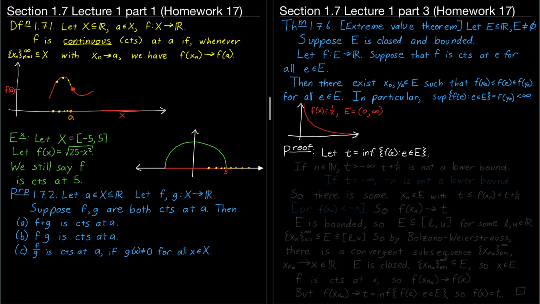And then if n is a natural number, then T plus 1 over n is not a lower bound.